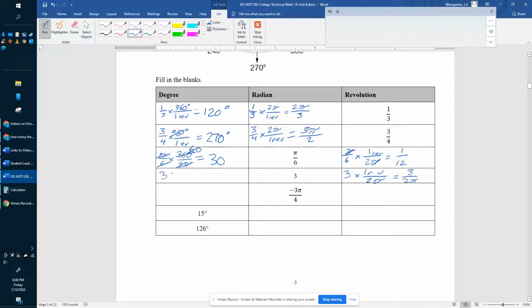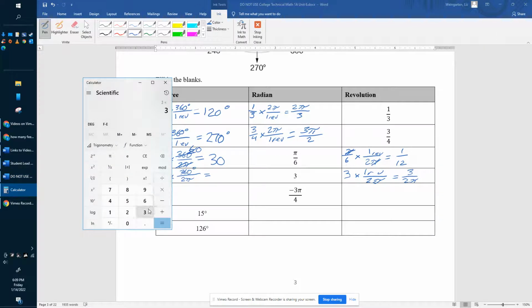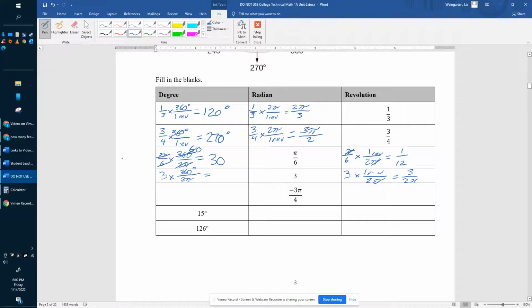So we have 3 radians times 360 degrees over 2 pi equals, so 3 times 360 divided by 2 divided by pi gives us about 171.9 degrees.